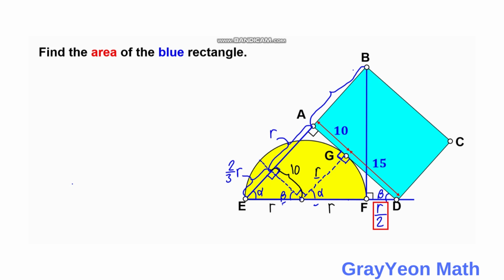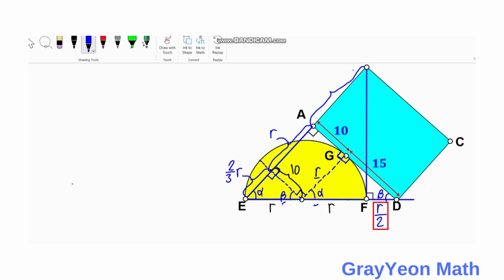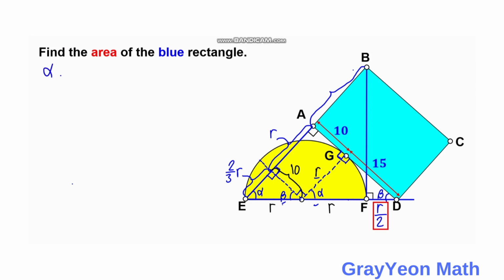And again, we take note of the fact that for the angle alpha, the adjacent side over the hypotenuse is equal to 2 thirds of r over r, and that is equal to 2 thirds. So for alpha, adjacent over hypotenuse is 2 thirds.